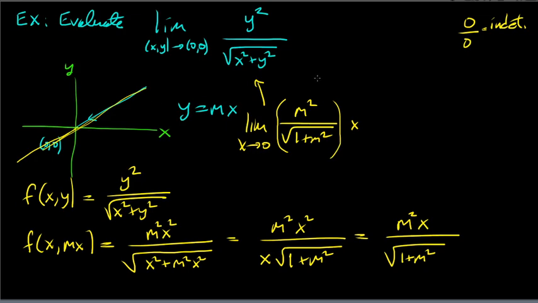Well, presumably m is a constant, right? m is a number. And so whatever number this is times 0 gives you 0. So this limit should be 0, right? The only thing you have to worry about now is that you don't get 0 divided by 0. So you better make sure that the denominator is also not 0.